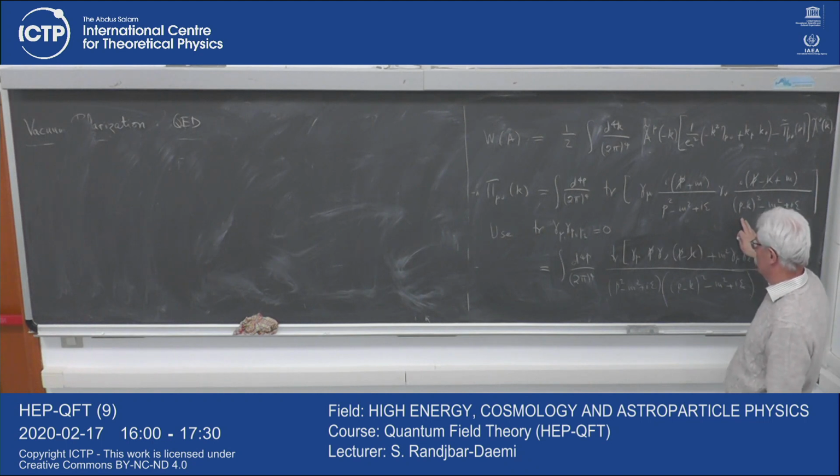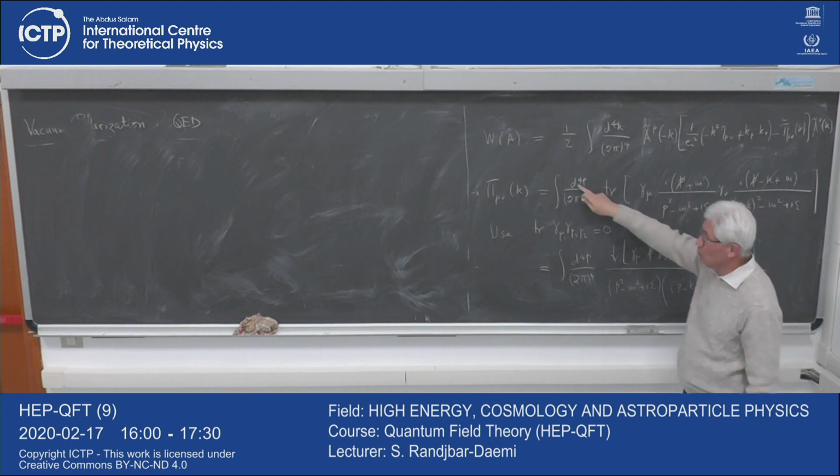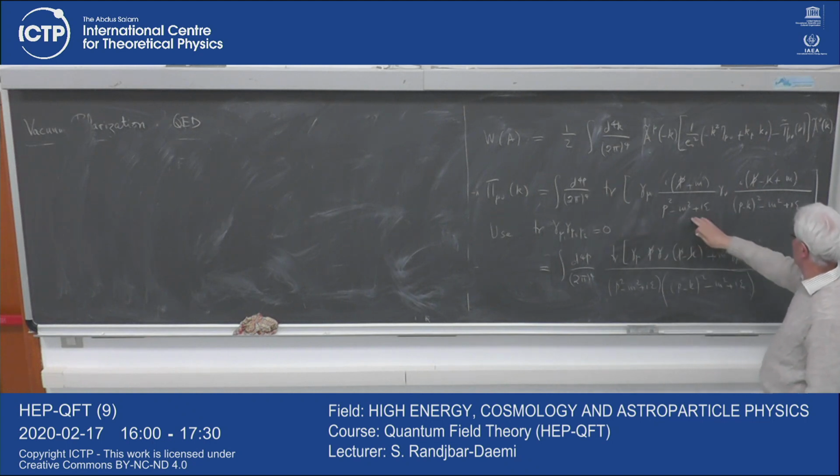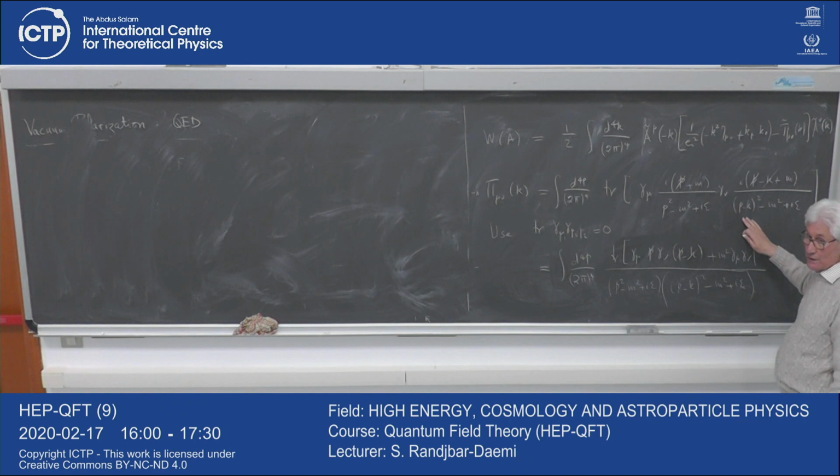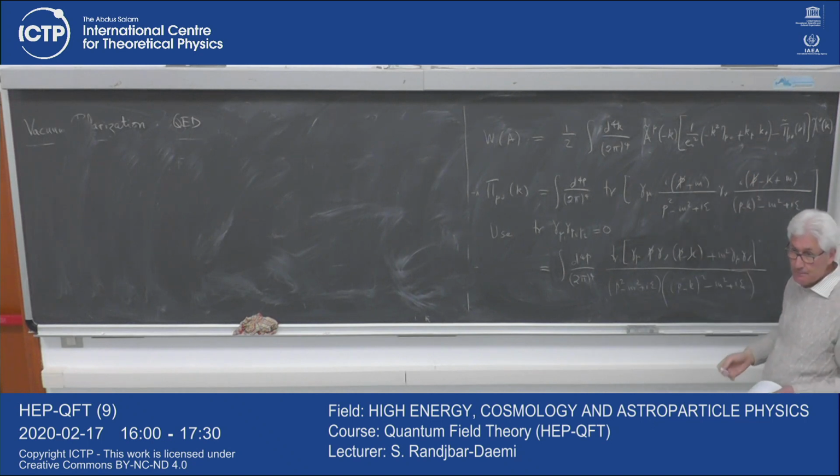It's not linearly divergent. No, I'm wrong. I have 6 powers of p in the numerator. So this 1 times 2, that's 2, with 4, that's 6, divided by p to the 4, so it is quadratically divergent. So this is given by a divergent integral. We would like to show that dimensional regularization will make this tensor proportional to this tensor times a scalar quantity.